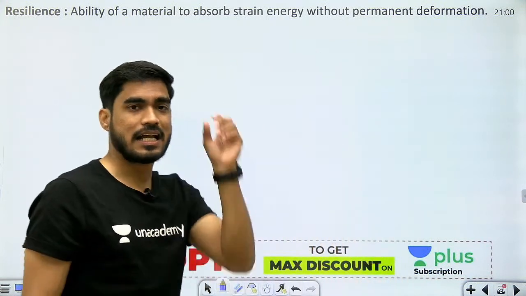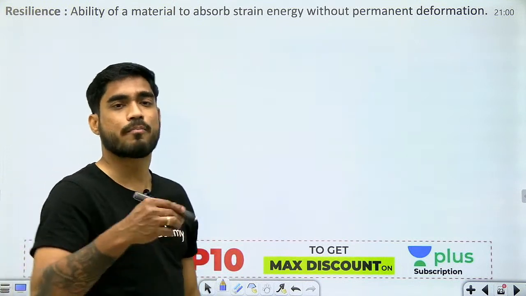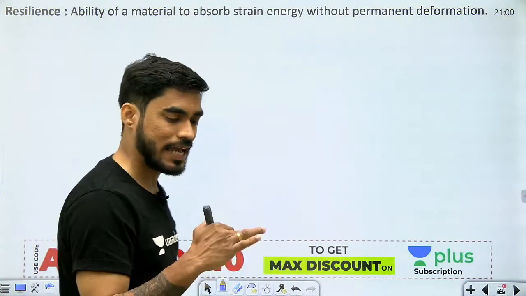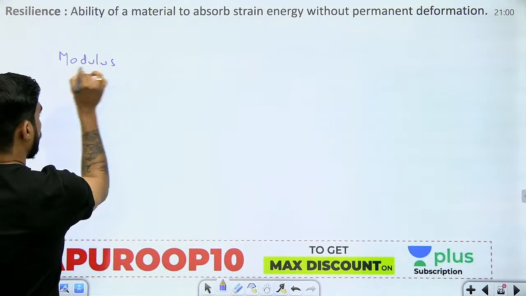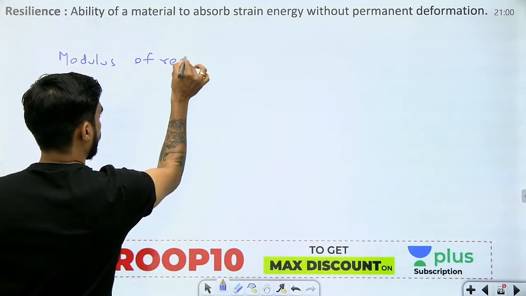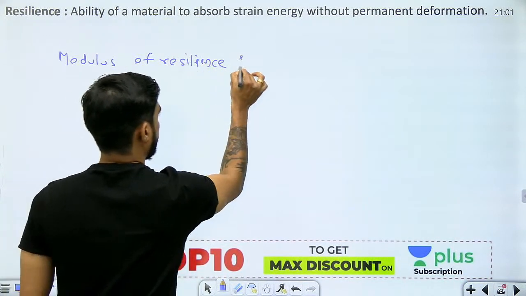So beta, understand how we are going to calculate it. In order to find how resilient a material is, we calculate the modulus of resilience. Now what is modulus of resilience?